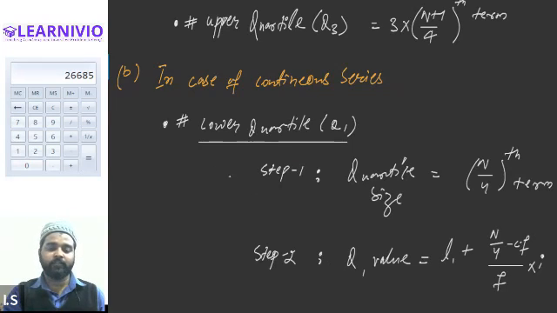So in case of continuous series, it gets a little difficult to calculate quartile 1, because in this case we have to apply two steps. First of all, we will calculate quartile size and then we will apply the formula for calculating quartile.